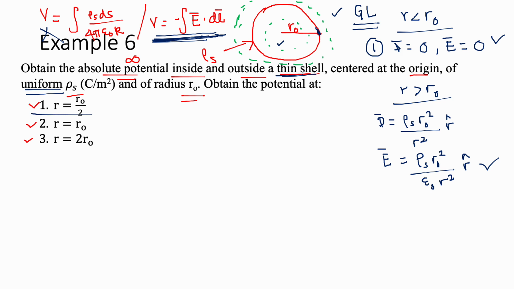So the first condition, your r is r naught over 2, meaning that the distance of your r is inside the sphere.